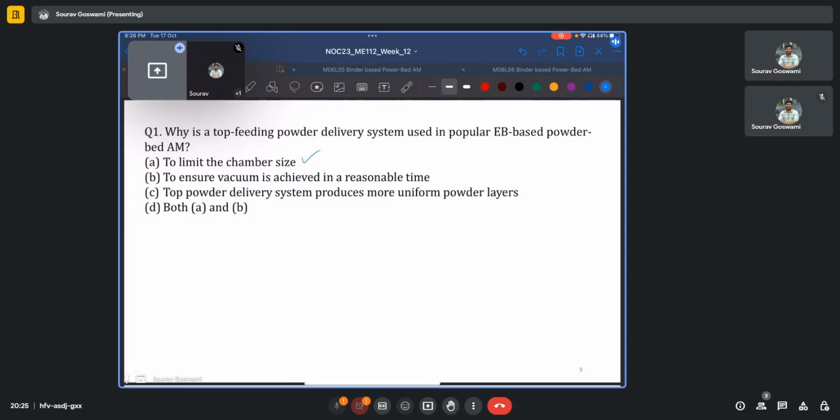First, electrons are very light particles, and in EBM, the melting or sintering takes place when these electrons transfer their kinetic energy to the powder feedstock. Thus, if there are any other, heavier molecules, such as those of air, present in the chamber, the electrons will simply collide with these molecules and get dispersed. They would then be unable to transfer their kinetic energy to the powder feedstock.